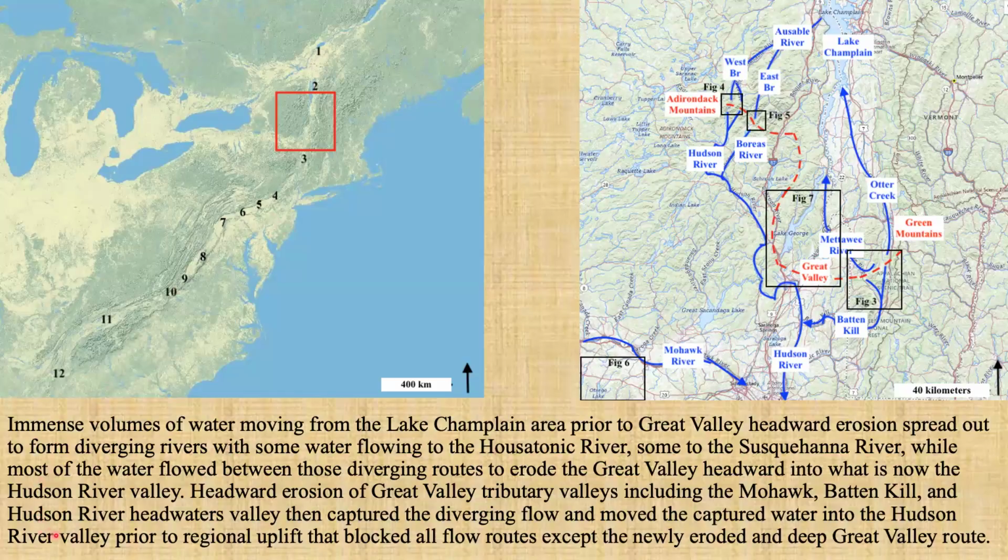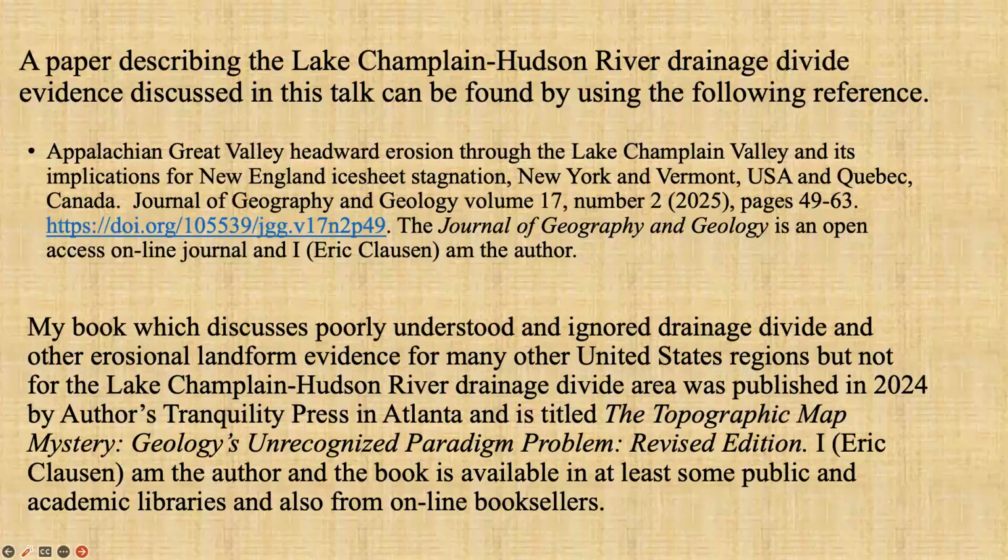Now, I'm going to conclude by saying that if you want more information about what I've discussed in this talk, I've written a paper titled "Appalachian Great Valley Headward Erosion through the Lake Champlain Valley and its implications for New England ice sheet stagnation, New York, Vermont, USA, and Quebec, Canada."